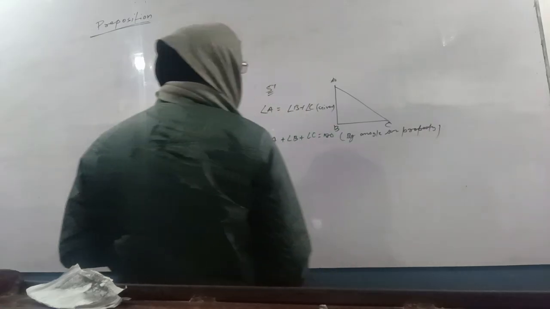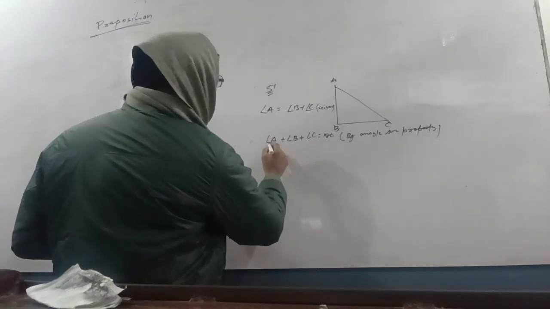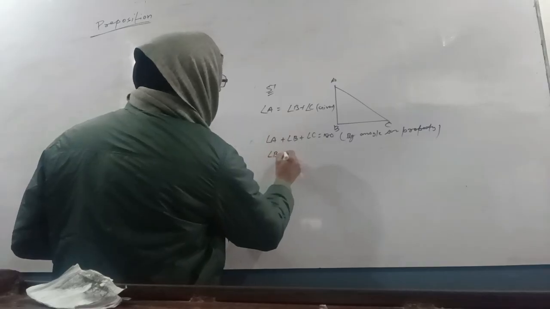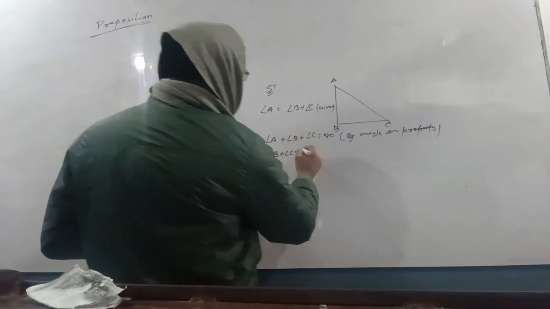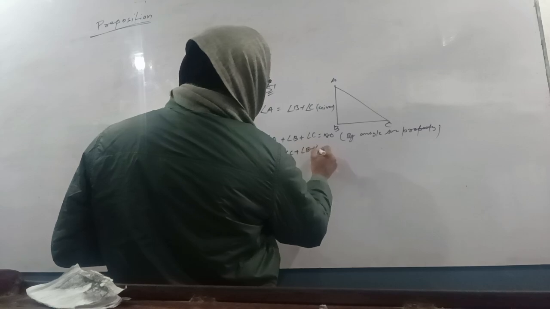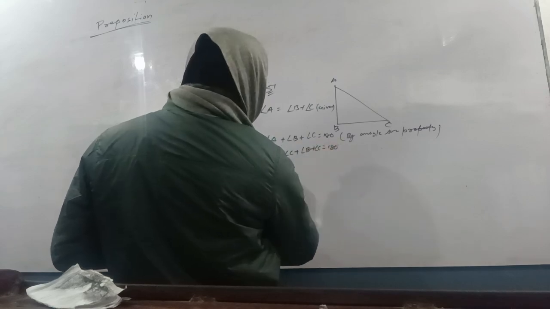So angle B plus C plus angle B plus C equal to 180 degree.